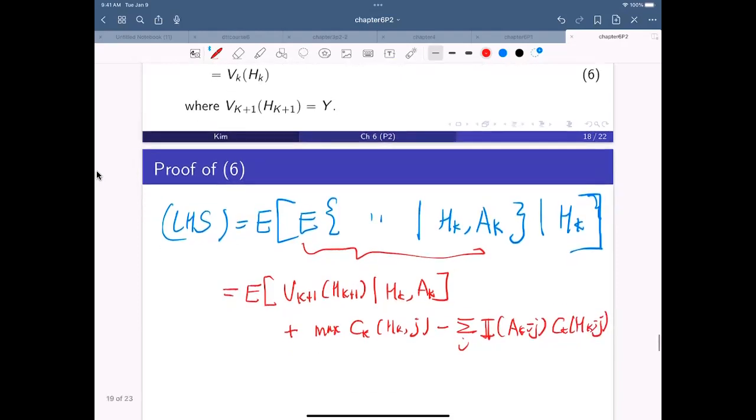Okay. And then the first term is nothing but the definition of the Q.